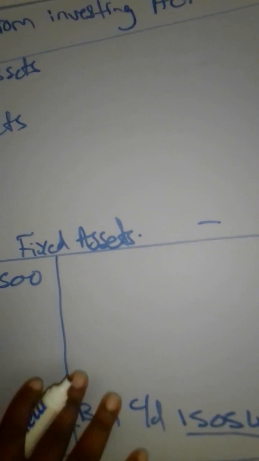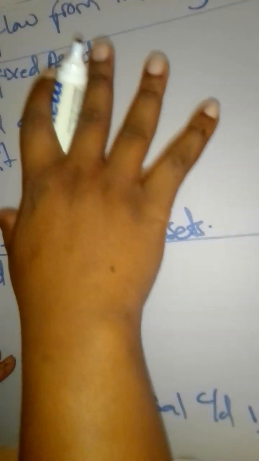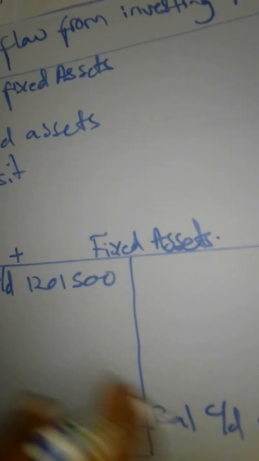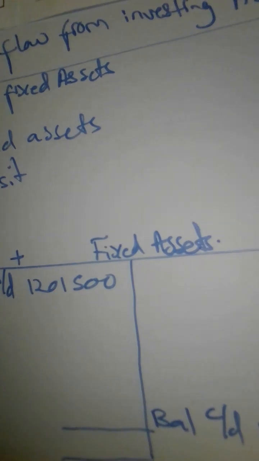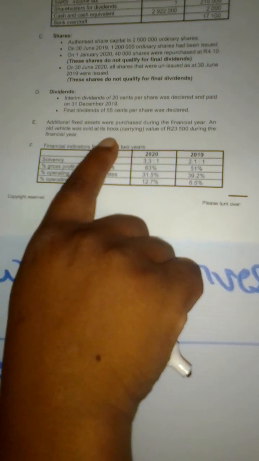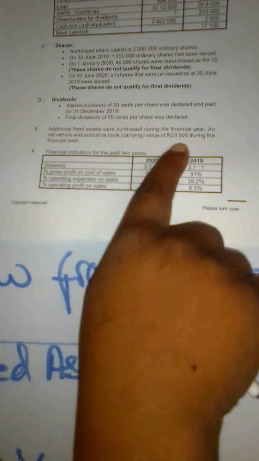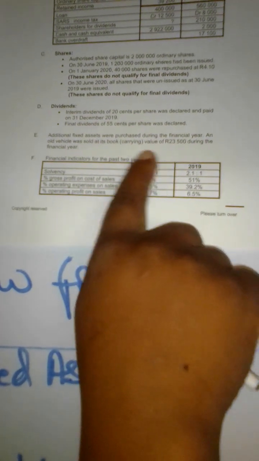So the next thing we do is to find out exactly what increases and what decreases. Asset disposal: if an asset is sold, the fixed assets will decrease. If you look at the information given on E, additional assets were purchased during the financial year, which are the ones we want to calculate. An old vehicle was sold at its book value, or carrying value, of 23,500 during the financial year.